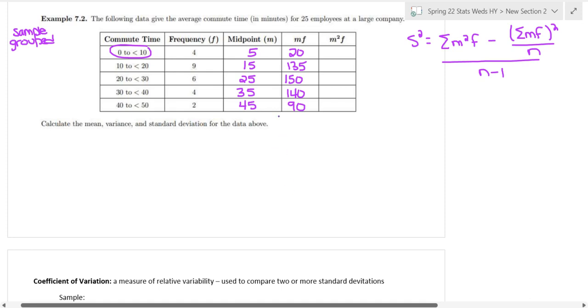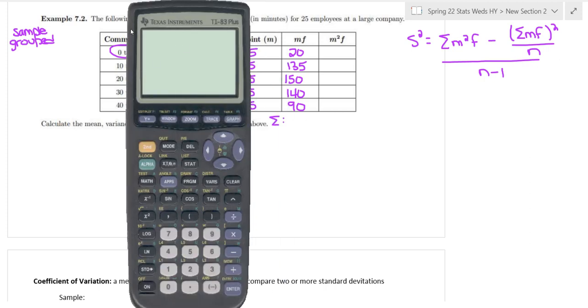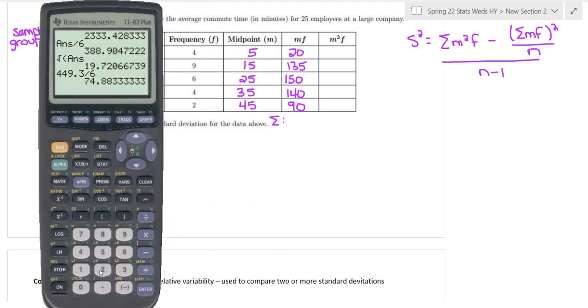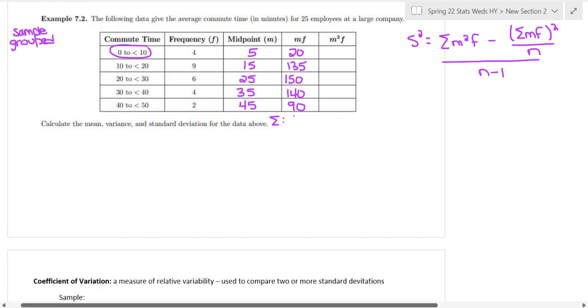And then we'll add that column together to get the sum of our midpoint times our frequency. So 20 plus 135 plus 150 plus 140 plus 90. So 535, okay, for our midpoint times frequency.